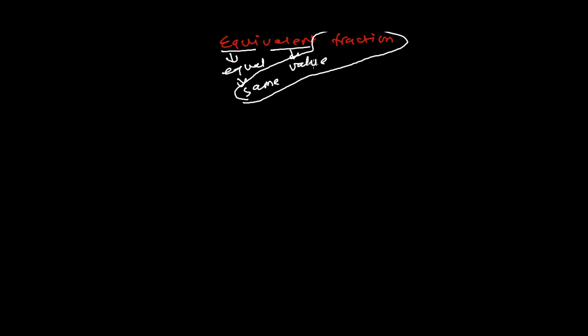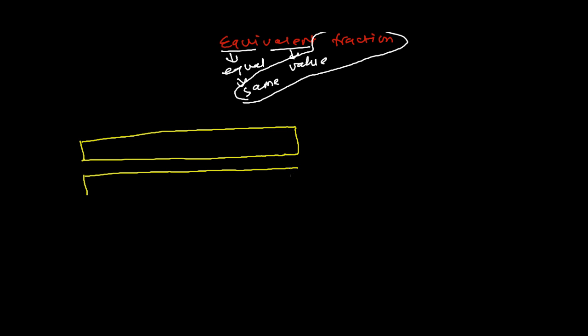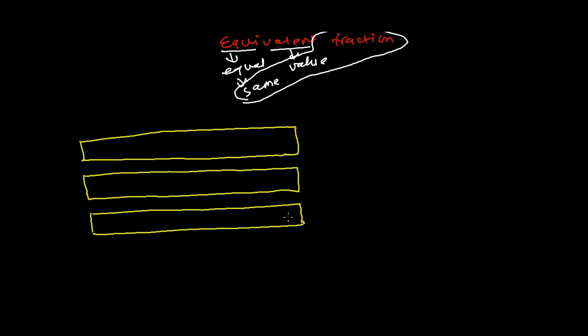But let's try to understand it properly. Let's say I have a chocolate bar. This is my chocolate bar, and of the same length, exactly identical, I bought another one, and again another chocolate bar, and let me buy one more chocolate bar, exactly of the same length and size.